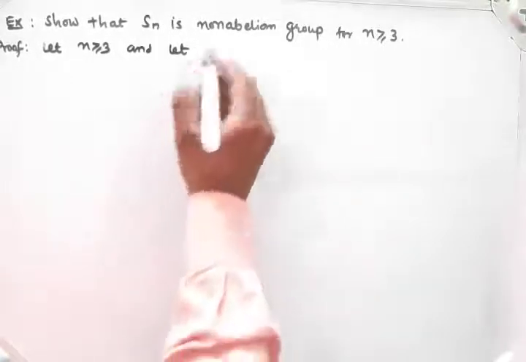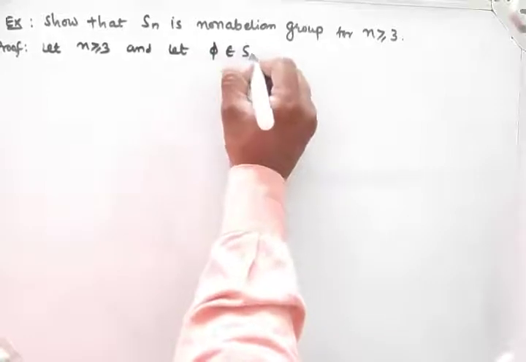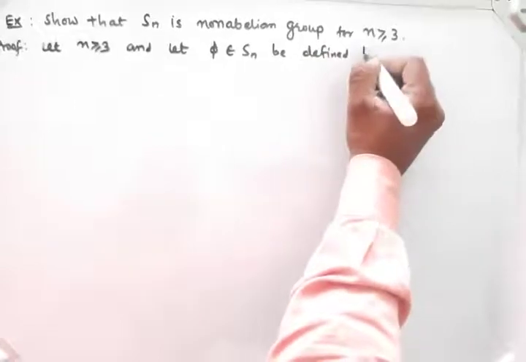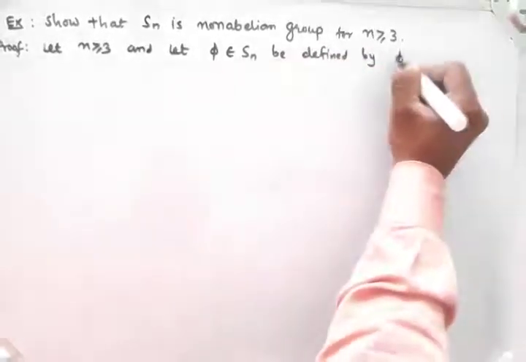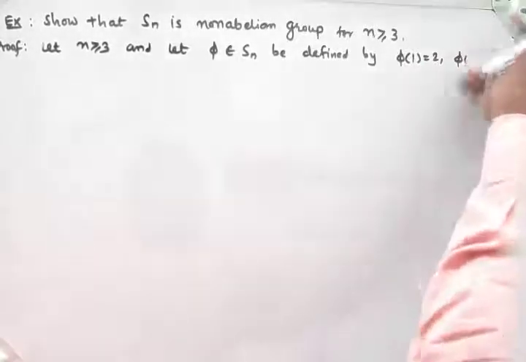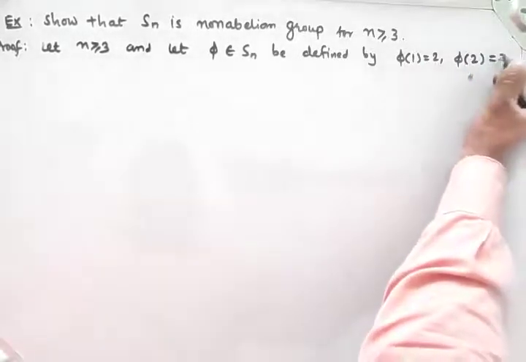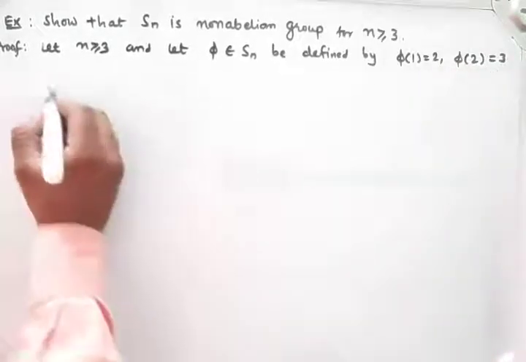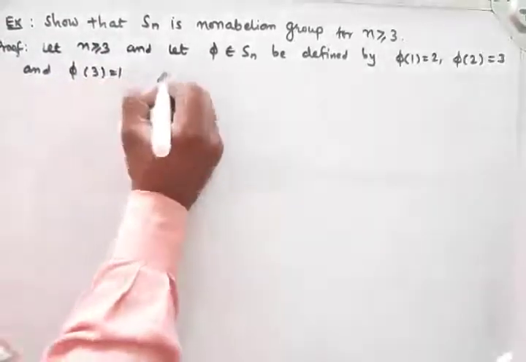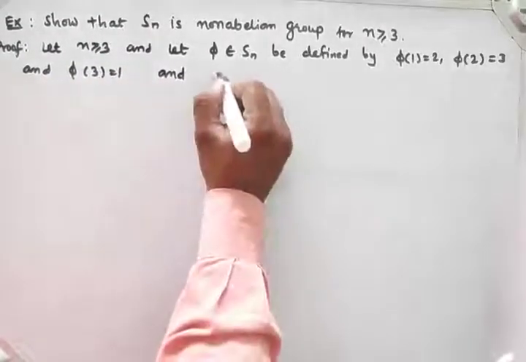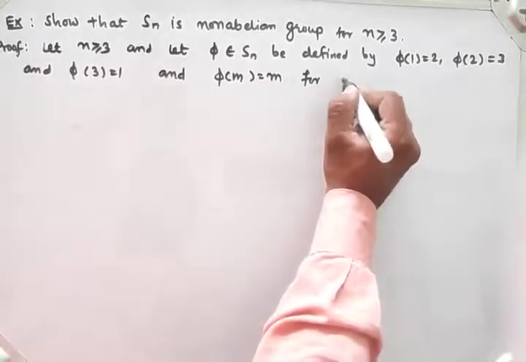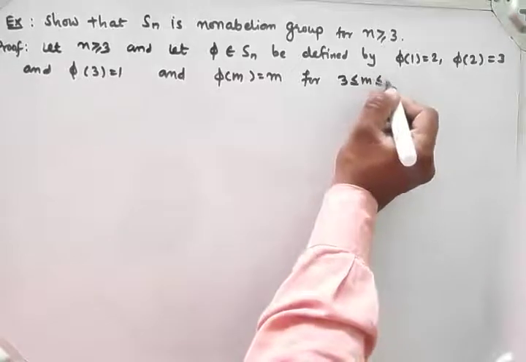So I will take phi belonging to Sn, defined like this. Suppose phi of 1 is equal to 2, phi of 2 is equal to 3, and phi of 3 is equal to 1, and the remaining values phi of m is equal to m for 3 less than m less than or equal to n.